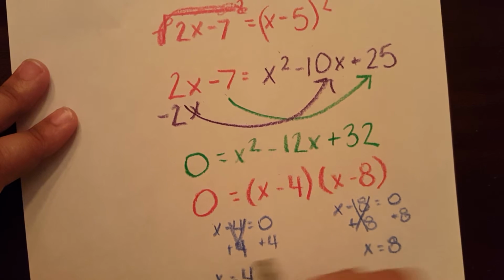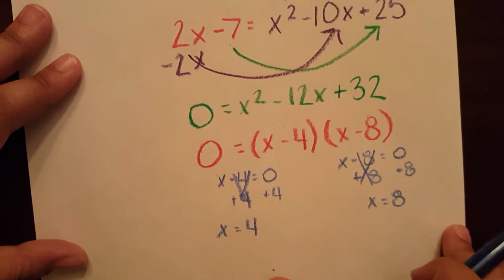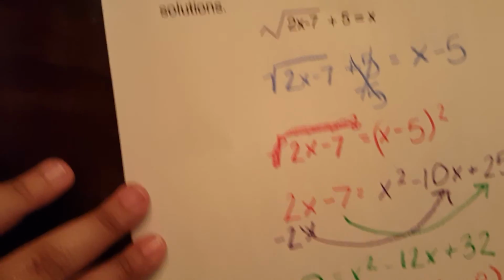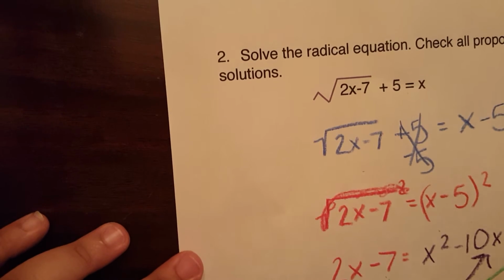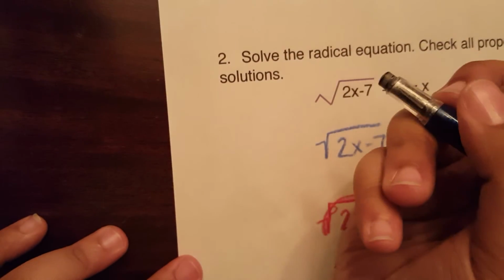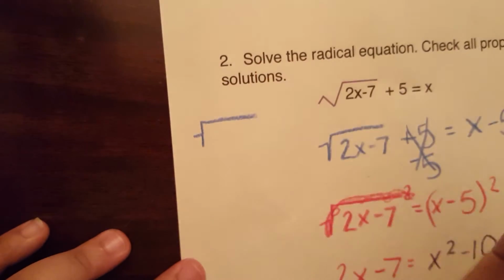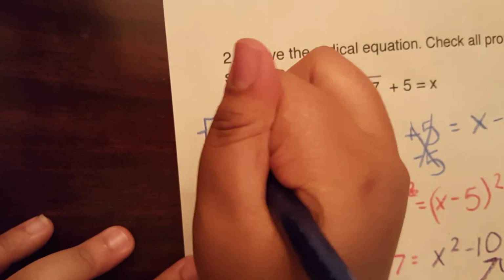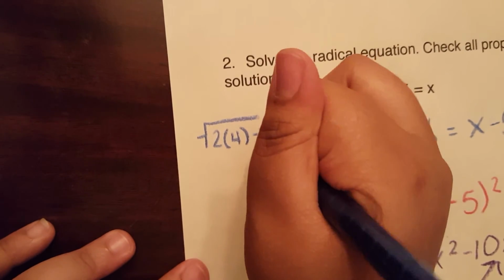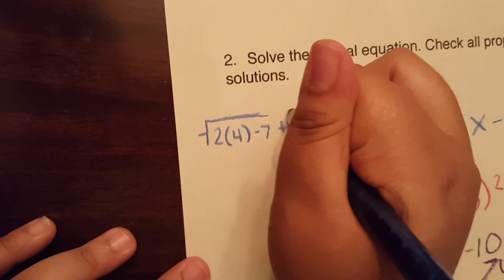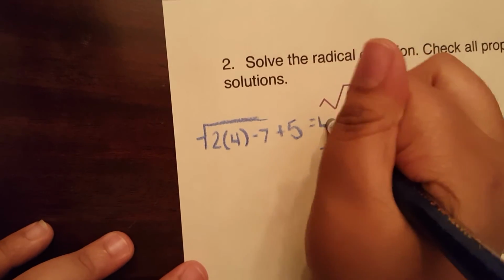Now since we have a radical form, we have to check. We have to plug these answers back into the problem. So we're going to move over here. So the first one is x equals 4. So we do the radical of 2, put the 4 in parentheses, minus 7 plus 5 equals 4.